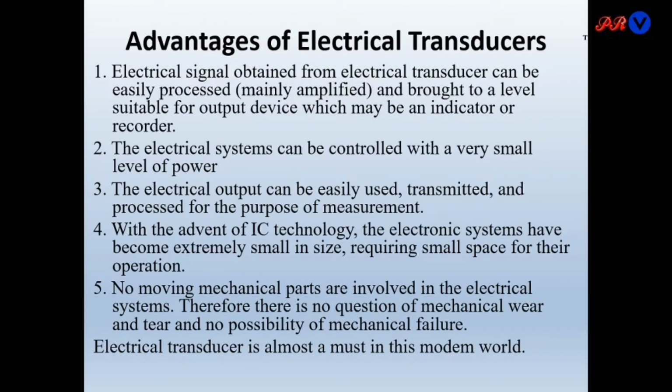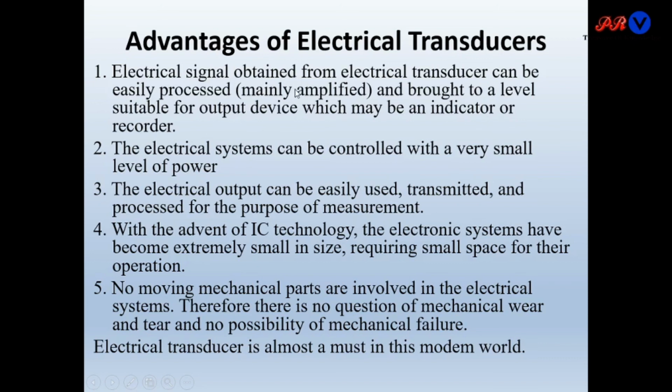Next, the advantages of electrical transducers. The first advantage is that the electrical signal obtained from electrical transducers can be easily processed, meaning it can be amplified easily and brought to a level suitable for an output device, which may be an indicator or recorder.